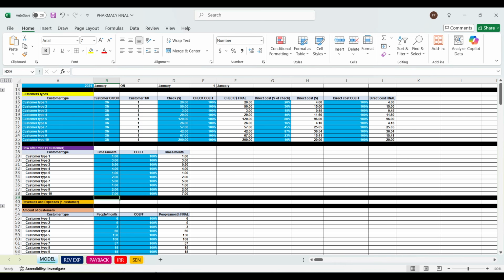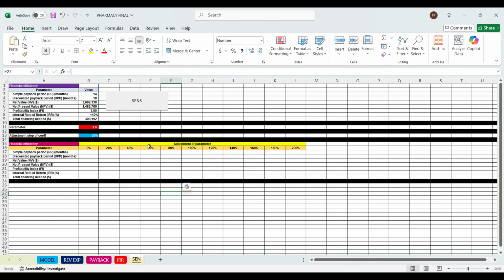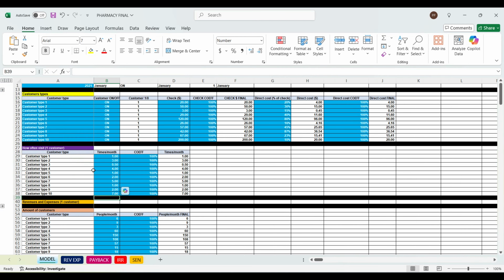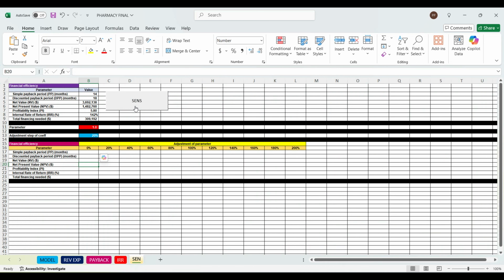So now this sensitivity analysis parameter has been added to the model. What you can do now, you can press the sensitivity analysis button and see how an increase or decrease of the frequency of visits for this customer type number 10 inside the pharmacy will affect the financial efficiency of your business idea. So let's go back and press the sense button.